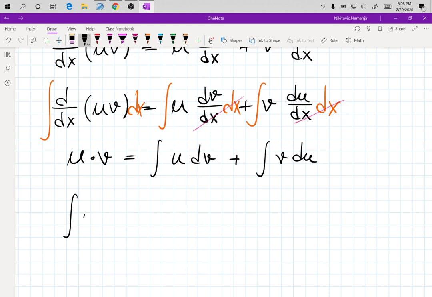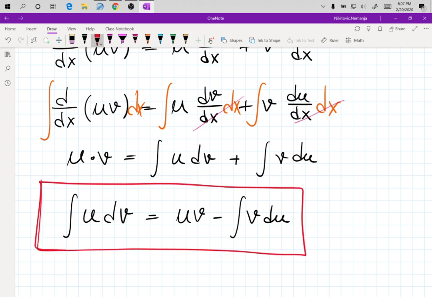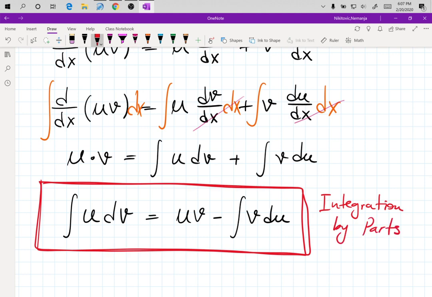So integral of u dv is equal to uv minus the integral of v du, and this formula is known as integration by parts, where your parts are going to be u and dv. So integration by parts.